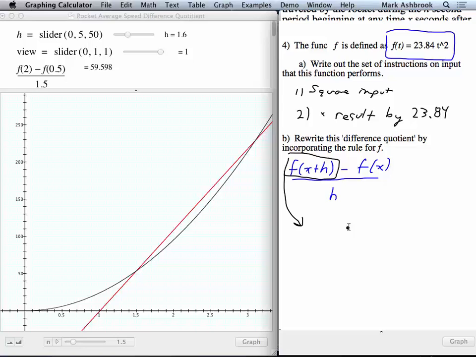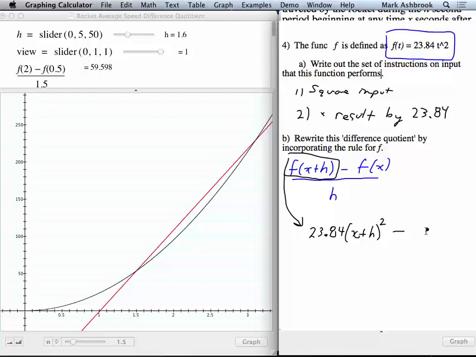Okay, Walter, did you get f of x plus h? What was f of x plus h? Tell me. X plus h squared. That's what f of x plus h is, okay? What about f of x?